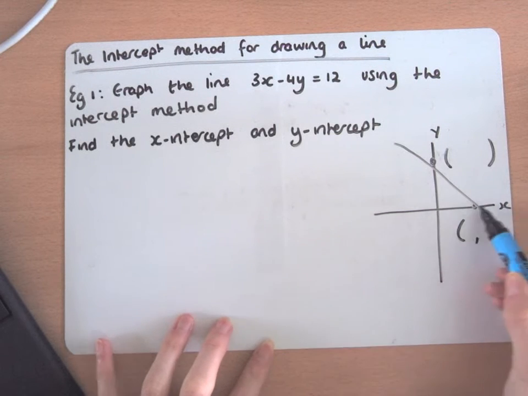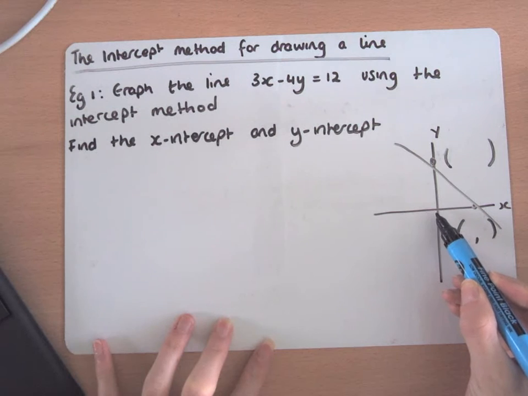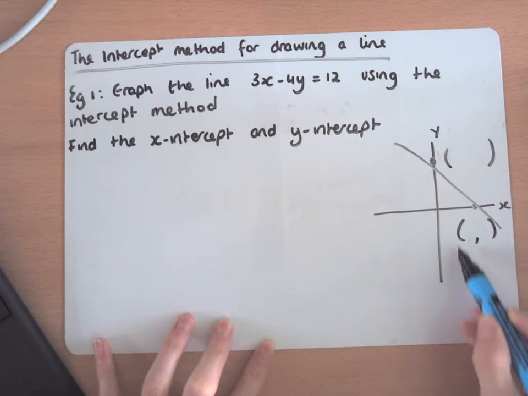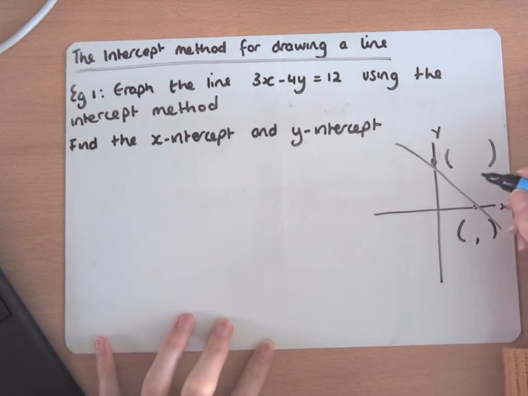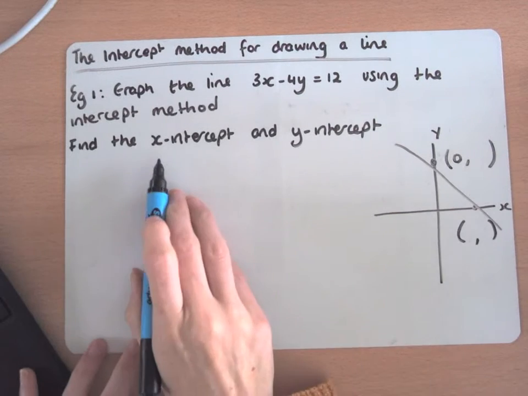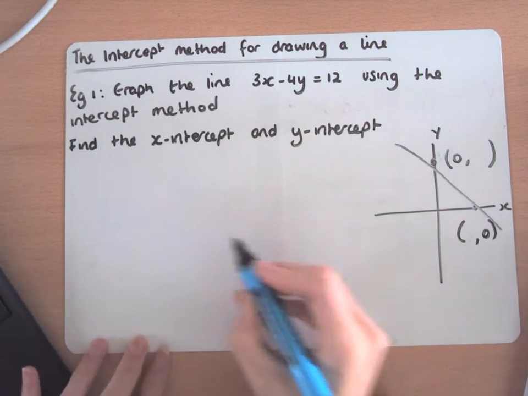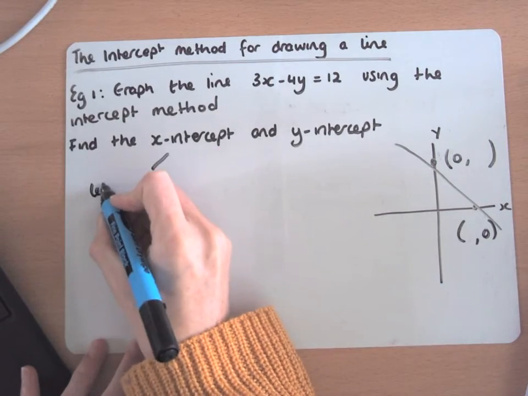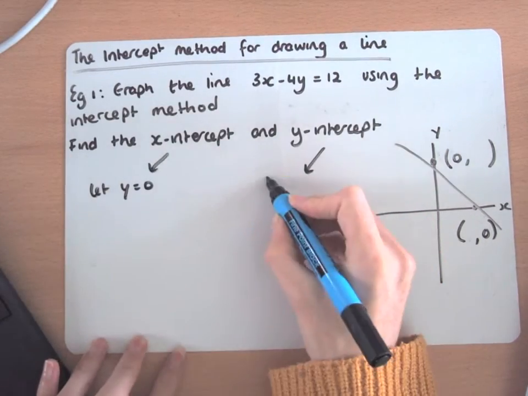Do I know what my x is? My x is 0 and my y is something else. That's always the way for intercepts. So for the x-intercept, your y is 0. And for the y-intercept, your x is 0.